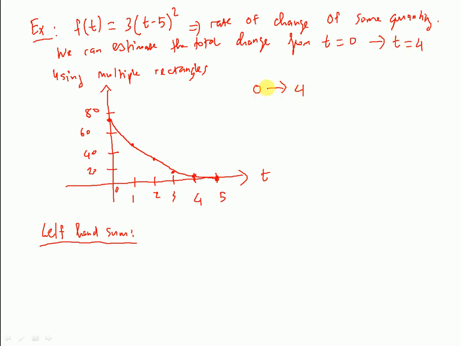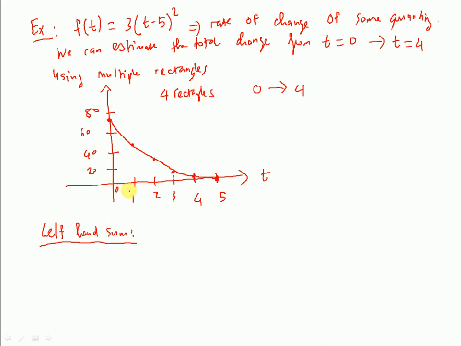So the left hand sum means we start from 0, the leftmost endpoint. From 0 I go up to the y-axis and I get 75 here. In this case we are using 4 rectangles.